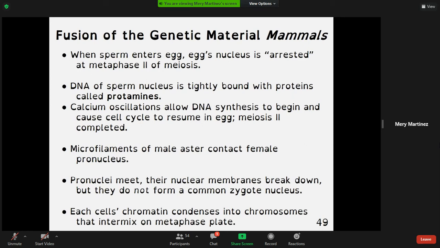Instead, each cell's chromatin condenses into chromosomes that attach to the spindle fibers at the metaphase plate, such that the chromosomes from the sperm and the egg intermix on that metaphase plate. So if we compare the mammal embryo or early stage, the true zygote nucleus in the single cell stage never forms. A true diploid nucleus in mammals is first seen not in the zygote, but in the two-cell stage.